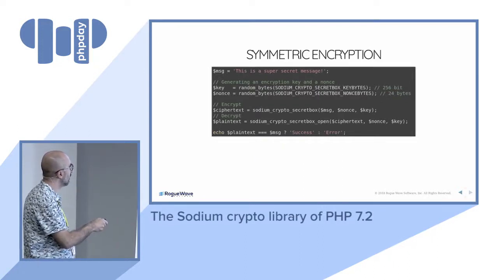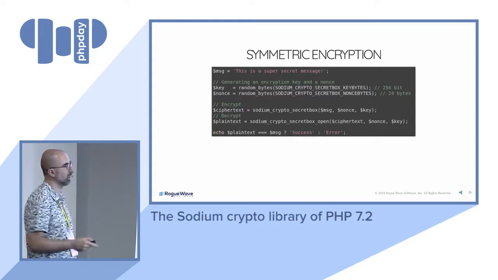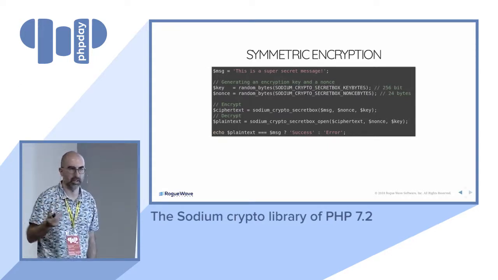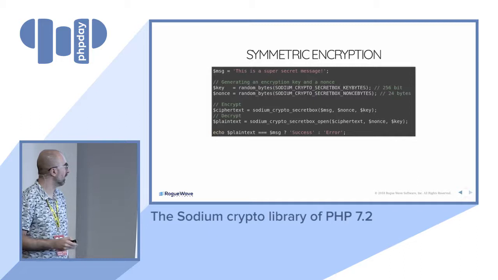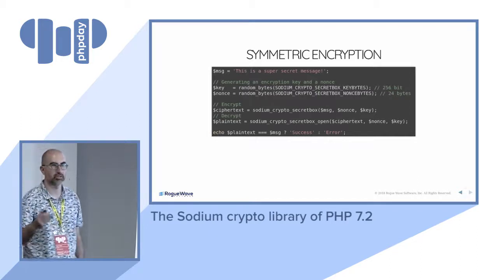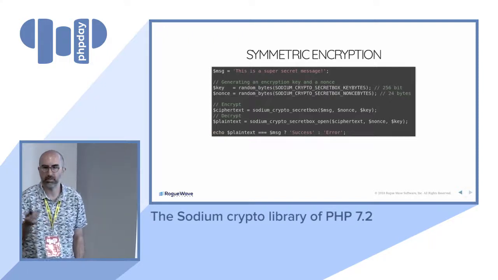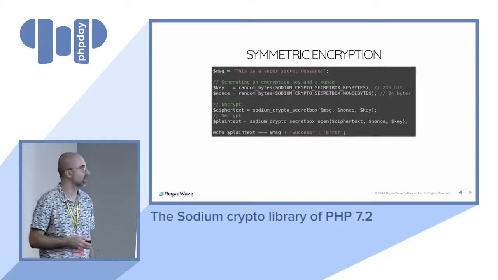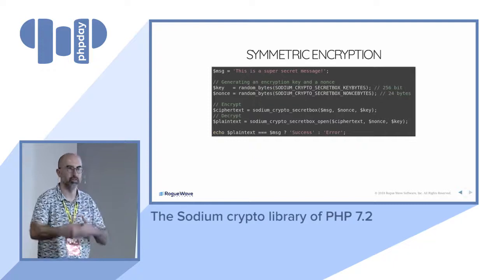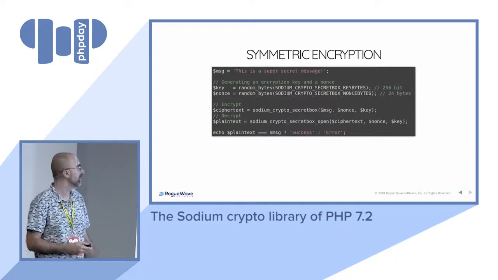You need to provide also a nonce, that is a salt value, a random value, that is actually public information. So you can share it, you can store it in plain text. It's not a secret, but it's needed for the algorithm in order to perform in the right way.